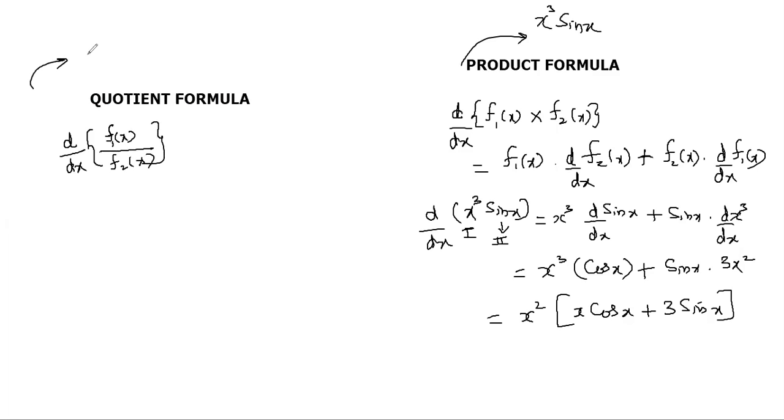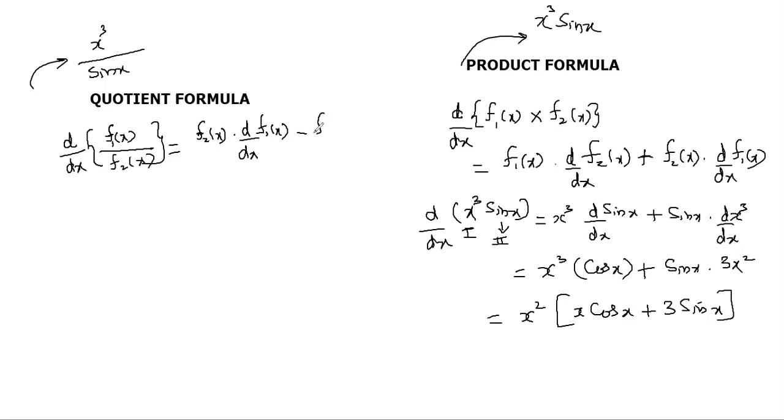Like example, x cube upon sine x. Suppose we have to differentiate x cube upon sine x. So what will we do? Here it is very, very important. We have to leave f2(x), the denominator function, and differentiate the numerator, d by dx of f1(x).